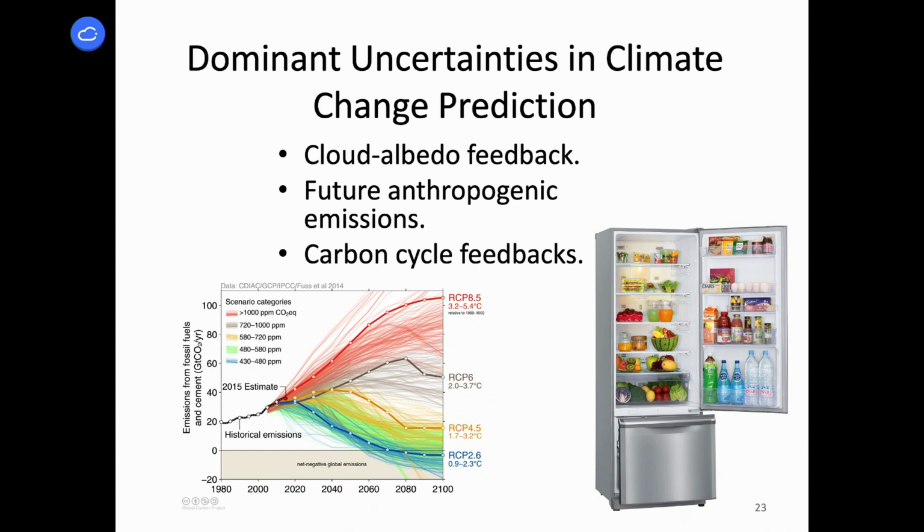Now, where I ended last time was, I think here, dominant uncertainties in climate change prediction. And on the physical side, it's this cloud albedo feedback, which isn't that big, but is still the dominant uncertainty on the physical side. And that's because clouds are controlled by physical interactions that are highly heterogeneous and microscopic in scale.